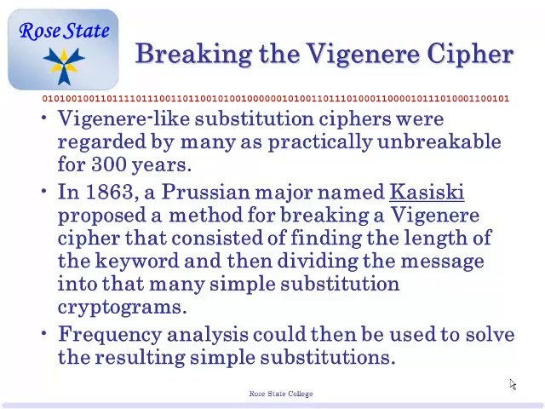Okay, so in 1863, a Prussian major named Kasiski proposed the method for breaking this Vigenere cipher. He said it consisted of finding the length of the keyword and then dividing the message into simple substitution ciphers. So, we know after the first assignment that if everything is shifted the same way, it's pretty simple, isn't it?